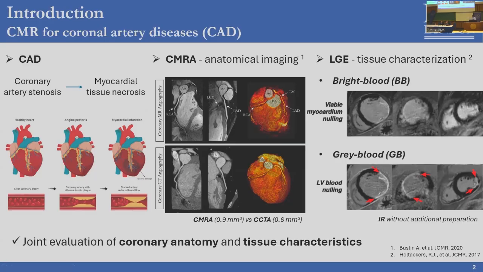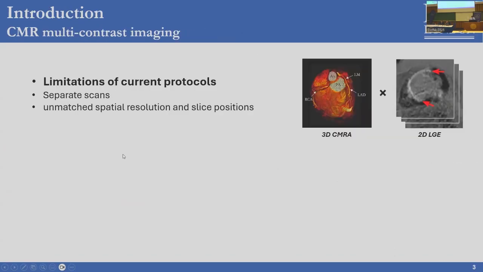And recently, the gray blood LGE has been proposed by nulling the signal of the blood pool, and that can provide a better contrast than bright blood LGE, especially for the subendocardial myocardial infarctions. However, the current clinical protocols have different limitations.